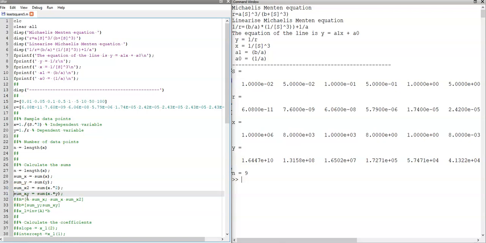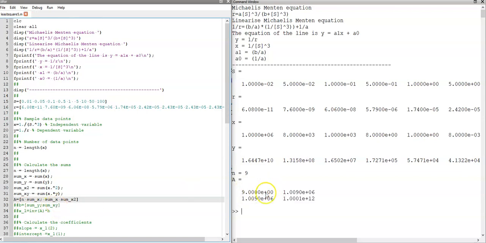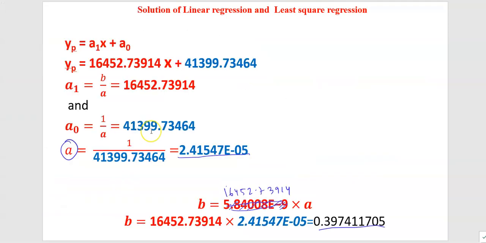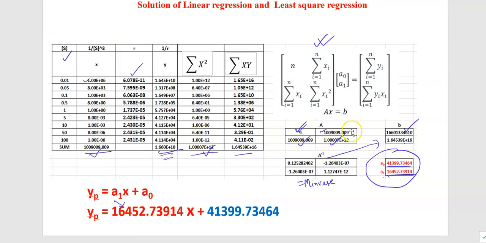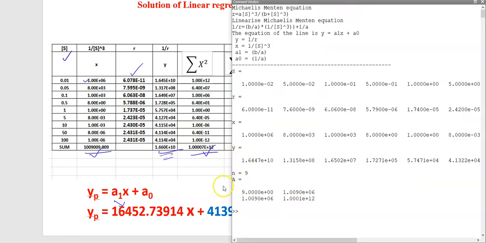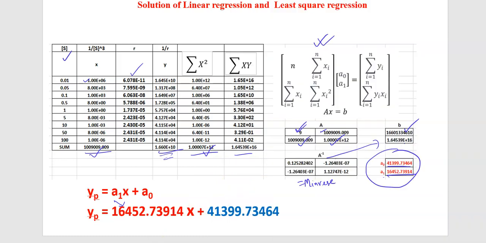So we are calculating that here. Now we can form the A matrix, which is this one. The similar thing we got in Excel, the A matrix with 9 and so on, you can see here. So that is the A matrix.